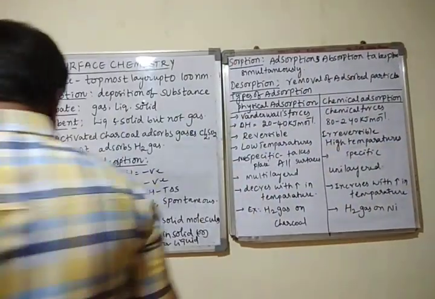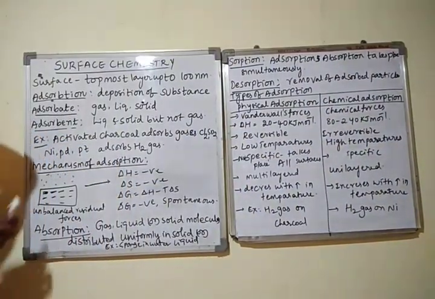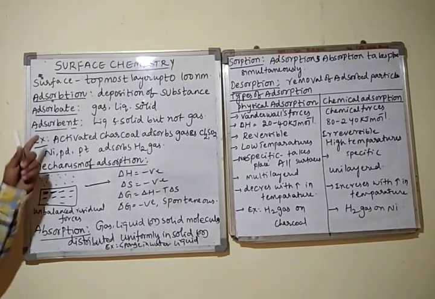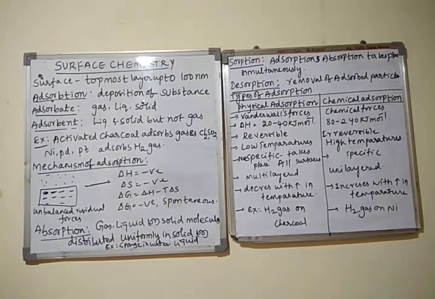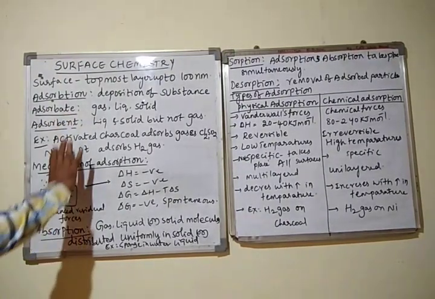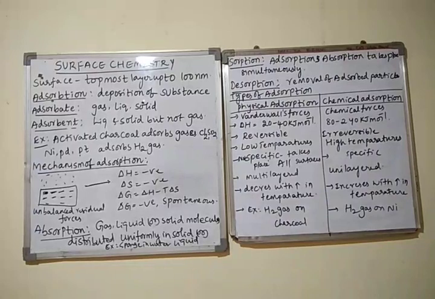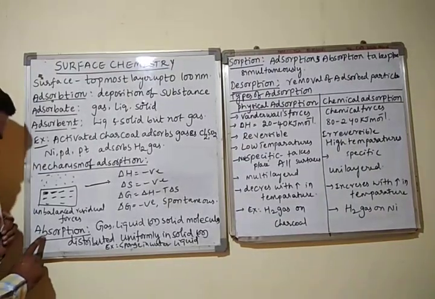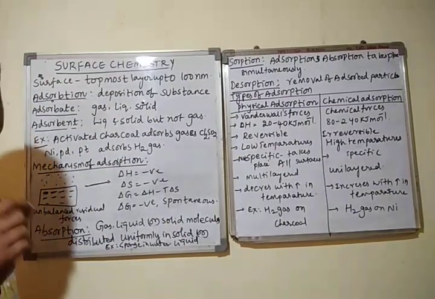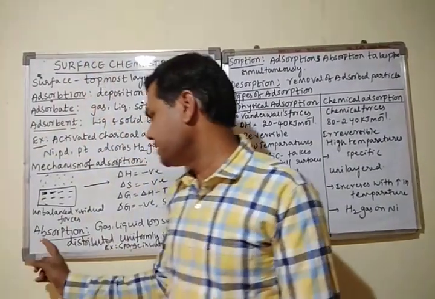And now we have one more process. Till now we have discussed only adsorption: the adsorbate, adsorbent, examples, and the mechanism of adsorption. Now we are taking one more process, absorption. Adsorption is AD, and now I am taking absorption, AB.